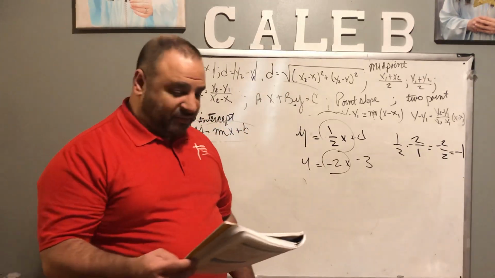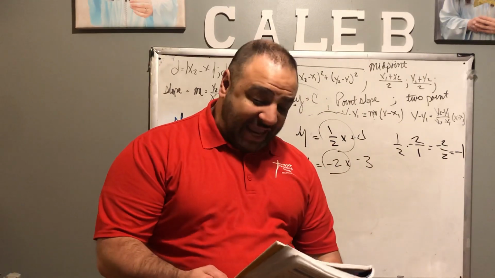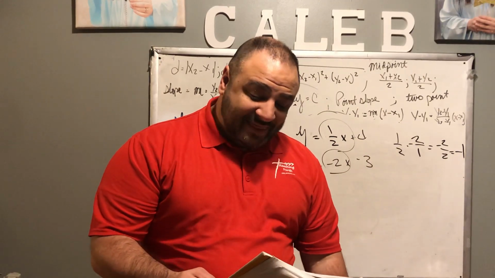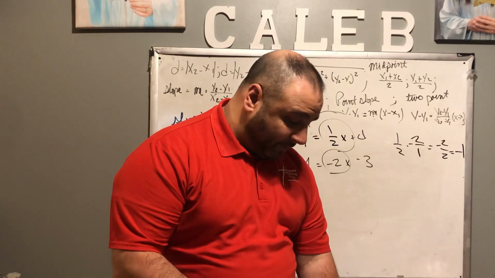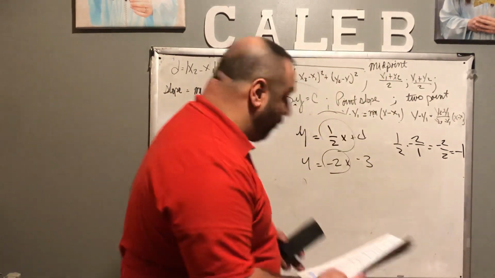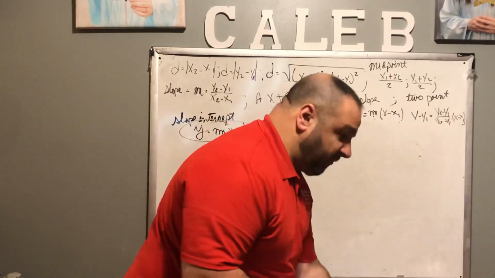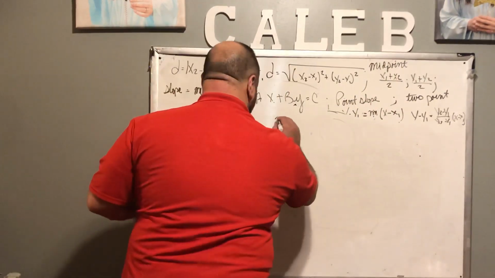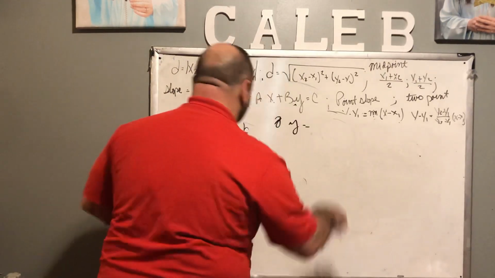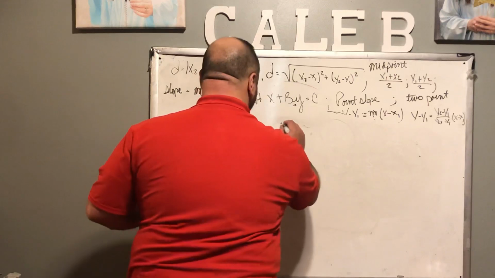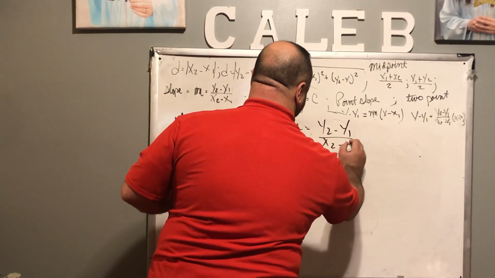Let's look at number 3. Using the slope formula, find the slopes of line AB and line CD, then determine if they are parallel or perpendicular. The slope formula is m equals y2 minus y1 over x2 minus x1.